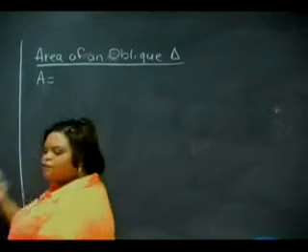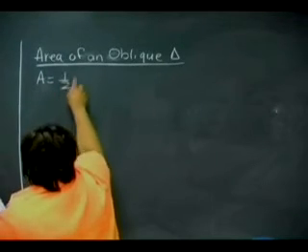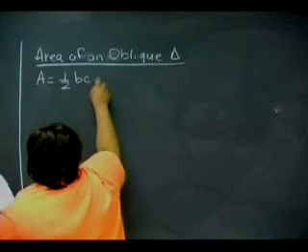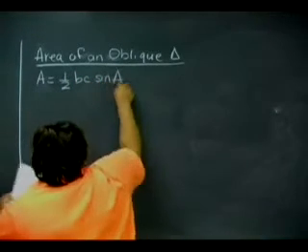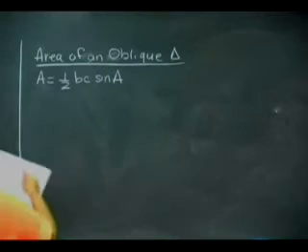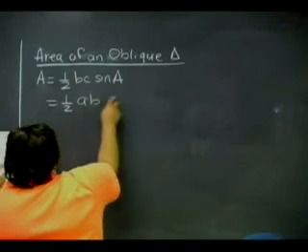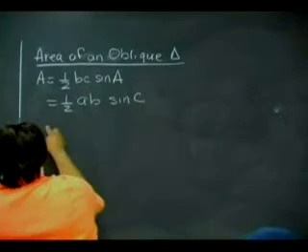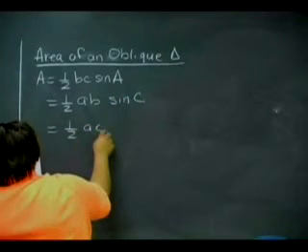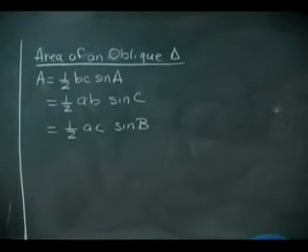We have several forms depending upon what you're given. The area is 1/2 bc sine A, if you're given big A, little b, and little c, or it's 1/2 ab sine C, or it's 1/2 ac sine B. Depends on what you're given.